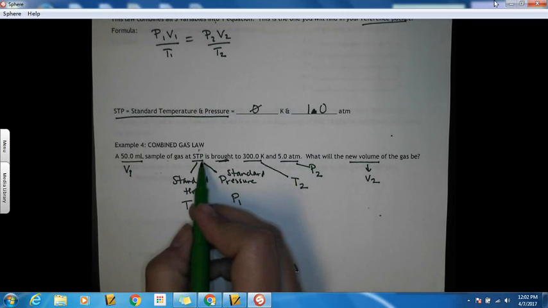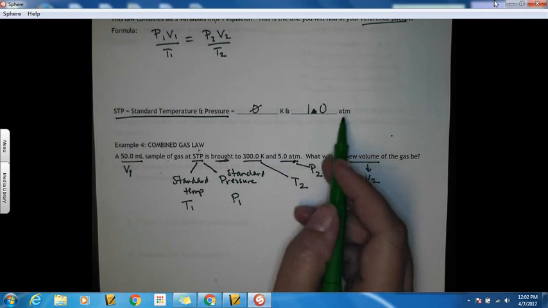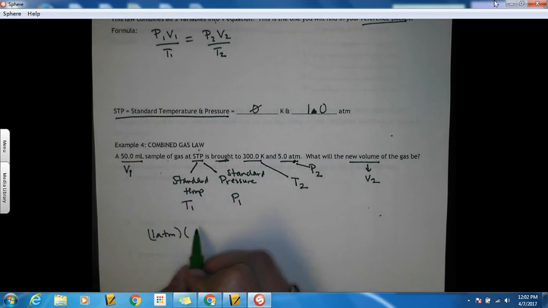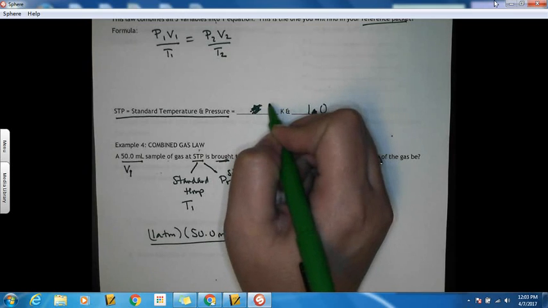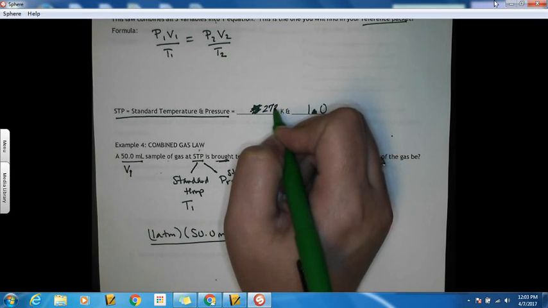And so now we'll plug them into the formula. So P1, our standard pressure, right? Since our pressure unit over here is atmospheres, we're good to use atmospheres. That standard pressure is 1 atm. So 1 atm times our initial volume, which is 50 milliliters, divided by our initial temperature, which is standard temperature, which is 273 Kelvin.